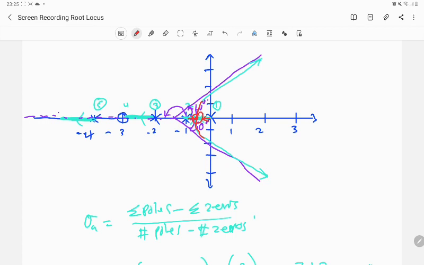Okay? The second thing is, you see that they are crossing the imaginary axis here and there. The exact value where they cross the imaginary axis, we don't know. So these are two key points that we don't know, and we will need to actually calculate them.